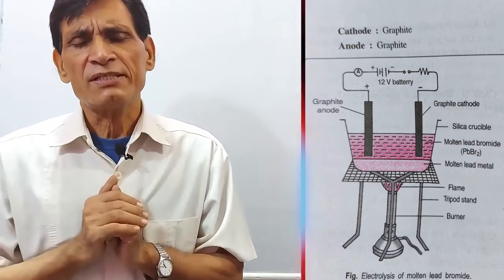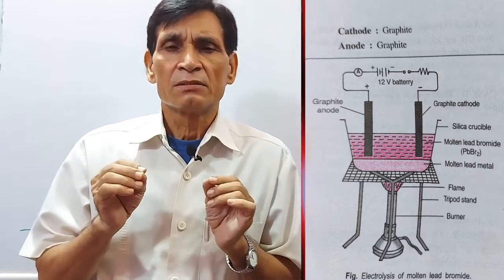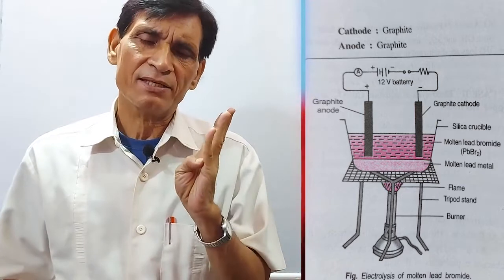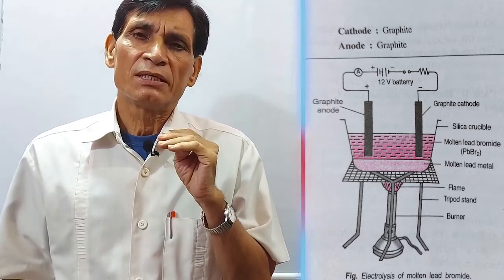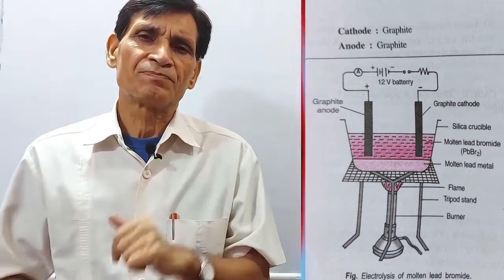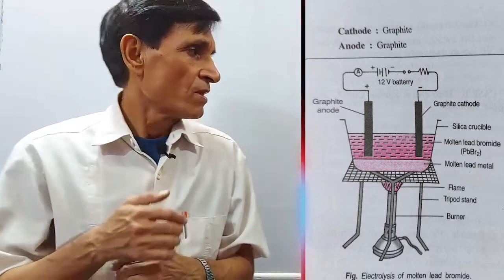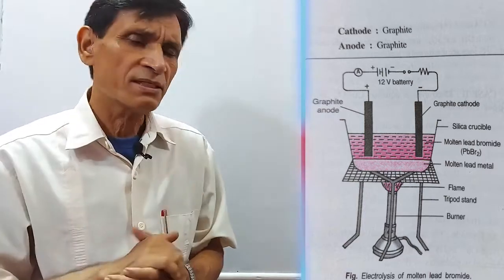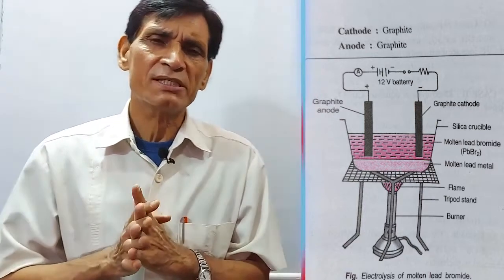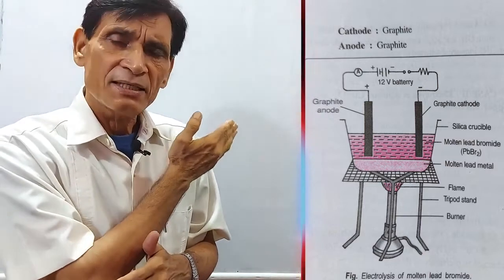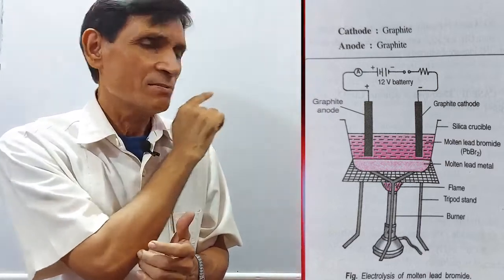Now, fourth point. First I told you electrolytic cell, second electrolyte, third electrode, fourth dissociation. Lead bromide undergoes dissociation in fused or molten state to produce lead ion Pb2+ and bromide ion Br- ions.